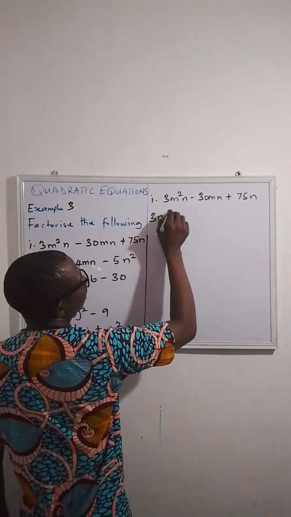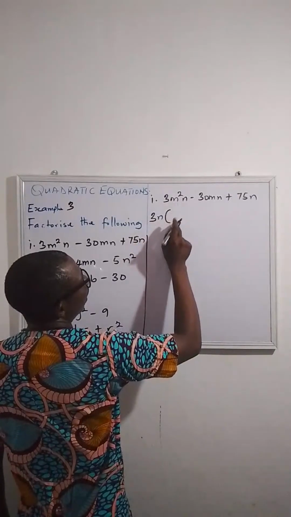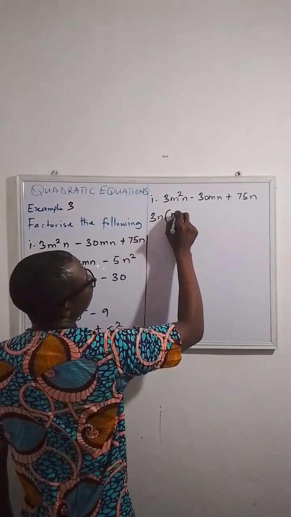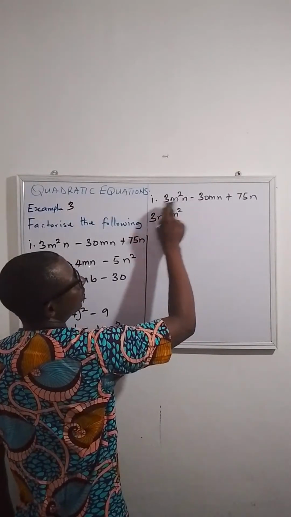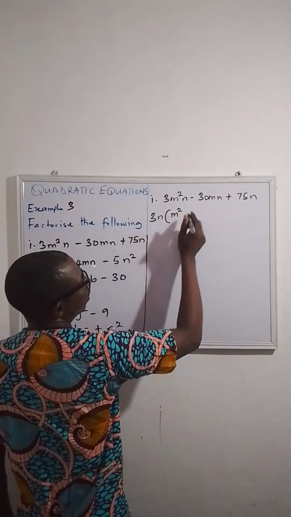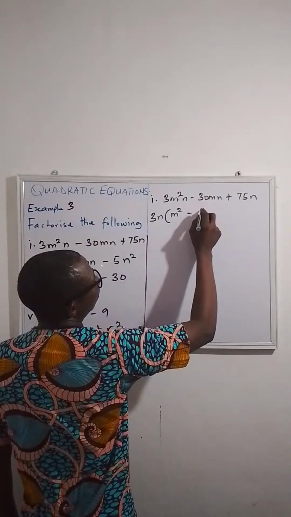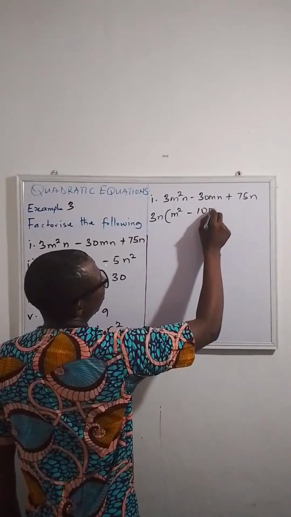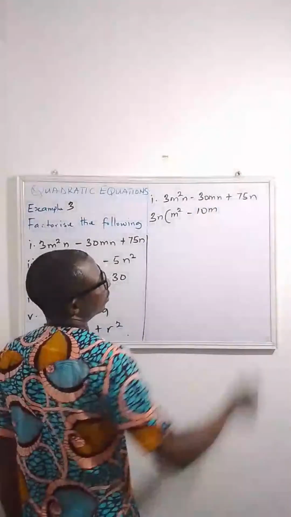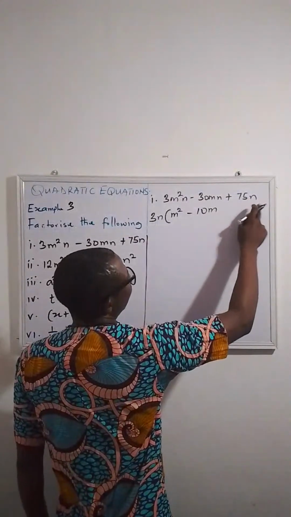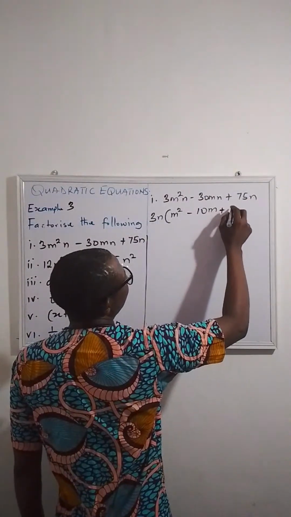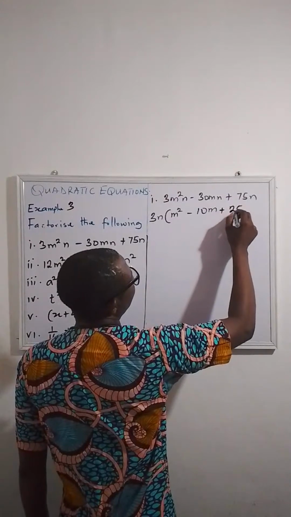We have 3n. So we now have, when you divide this by 3n, m squared. So minus. And what do you have left here? You have 10m. Okay, so when this one is divided by 3n, you have plus 25.